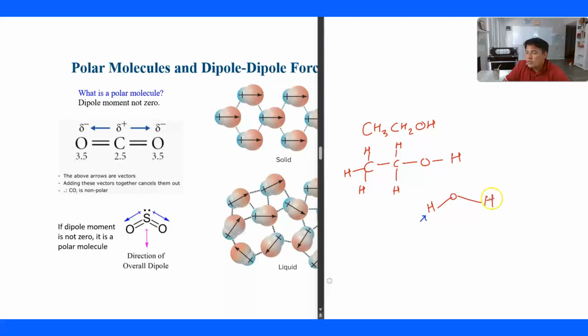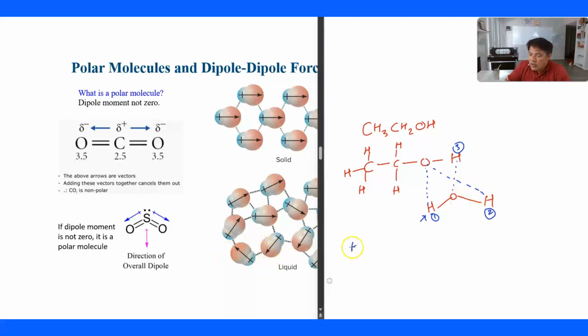Let's say this is hydrogen number 1, hydrogen number 2, and hydrogen number 3. Hydrogen number 3 is attached with oxygen, and hydrogen number 1 is attached with oxygen. It fulfills the criteria: hydrogen attached with oxygen, but of a different molecule. This is the hydrogen of the water and this is the hydrogen of the ethanol. In this situation there may be a hydrogen bond between this oxygen and this hydrogen, and this oxygen and this hydrogen. These types of bond are the hydrogen bond.